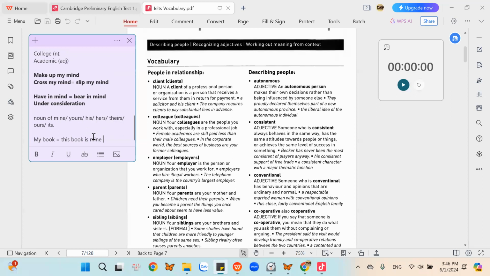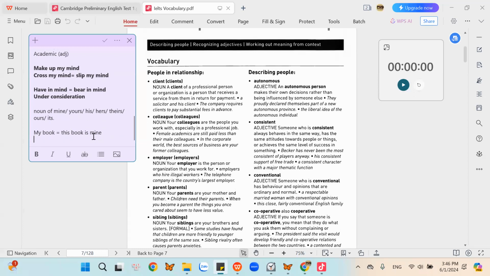This book is mine. Or if you want to have a subject, my book is really interesting, or you can say the book of mine. Please make sure of your pronunciation of the N letter. The book of mine is really interesting. So this is the way.